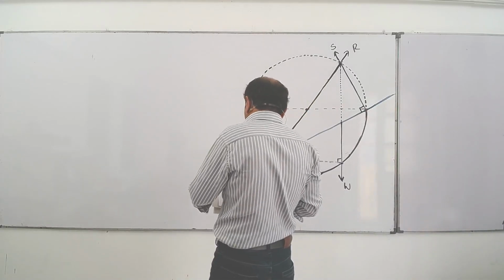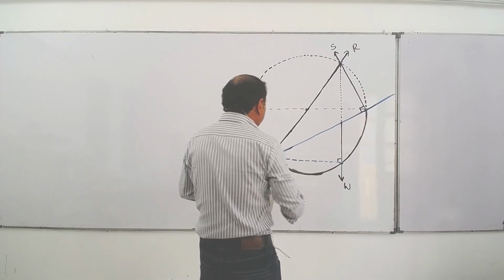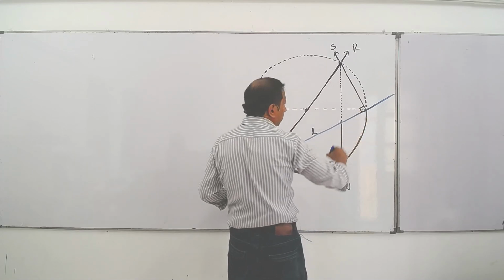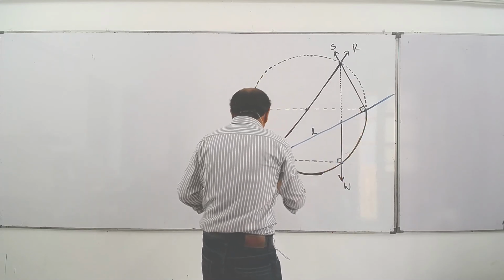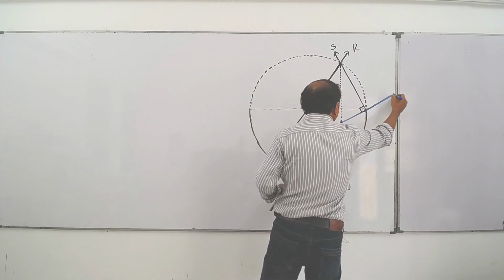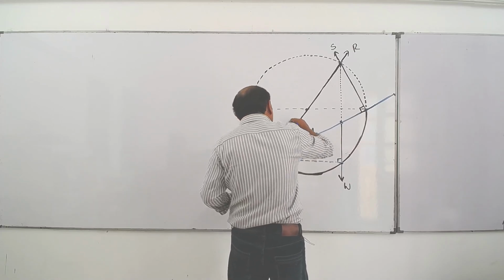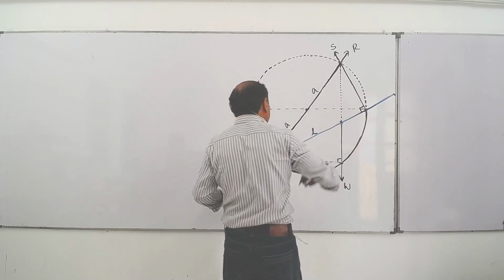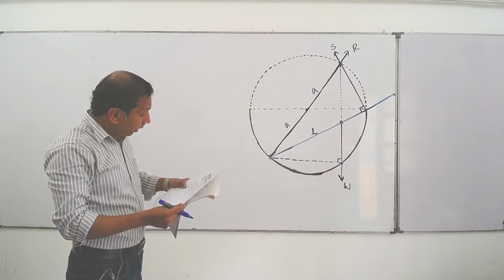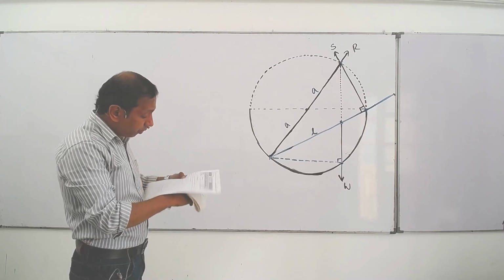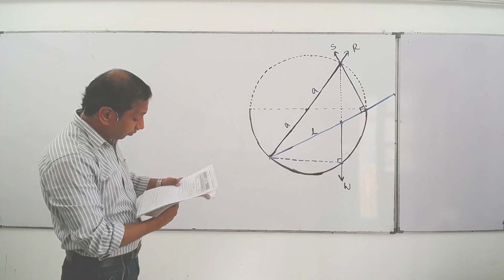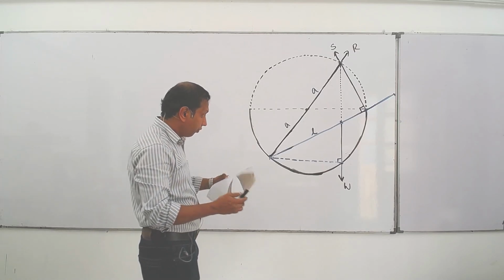Now the length from here to here is L, because the length of the rod is given as 2L. So this is L, and this is also L. The diameter is 2a. We are given that the angle the rod makes with the horizontal is theta.